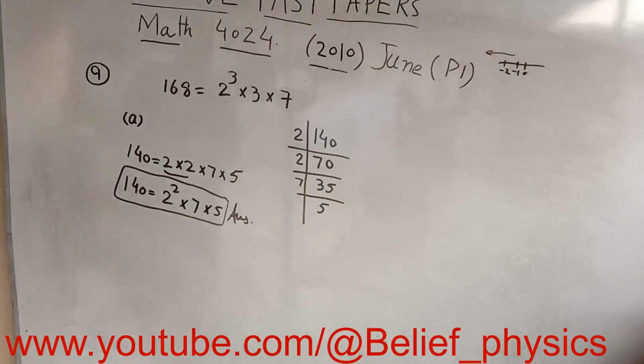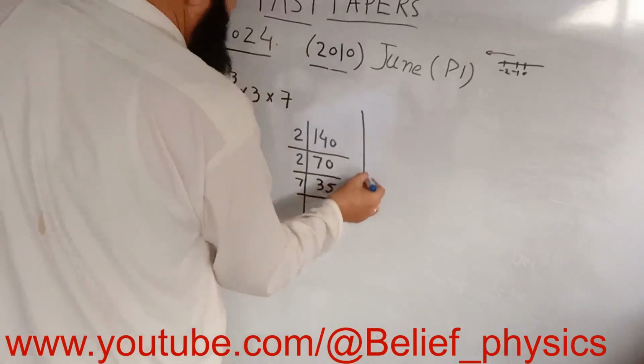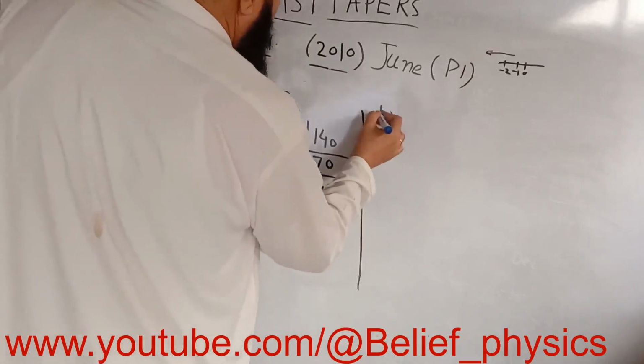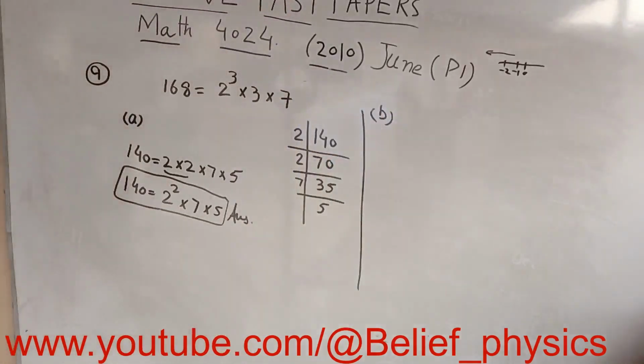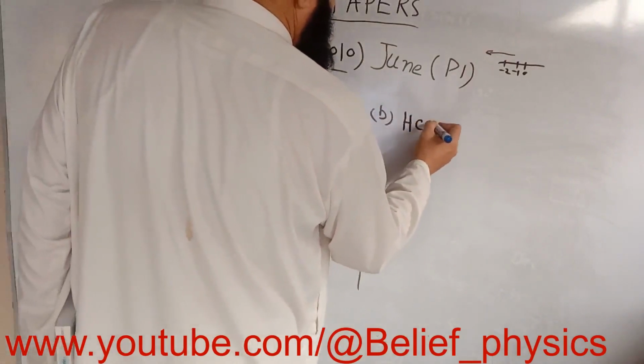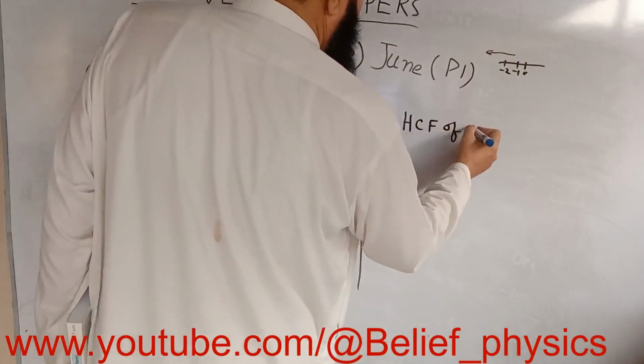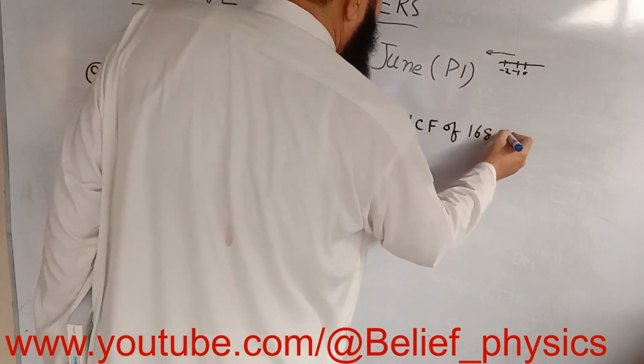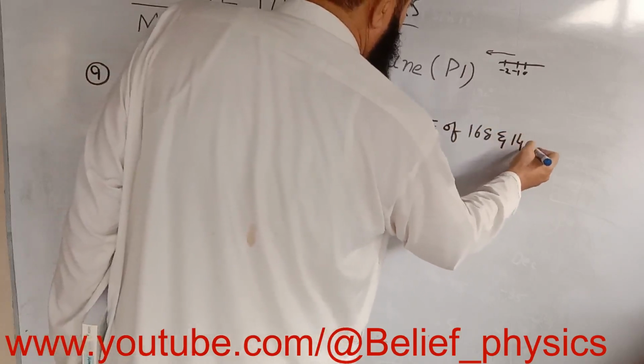B part is to find the highest common factor of 168 and 140. Highest common factor means HCF. HCF of 168 and 140.